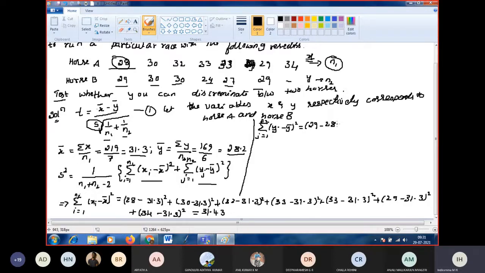29 minus 28.2 whole square, plus next value 30 minus 28.2 whole square, plus again 30 minus 28.2 whole square, plus 24 minus 28.2 whole square, plus 27 minus 28.2 whole square, plus after 27, 29 minus 28.2 whole square.